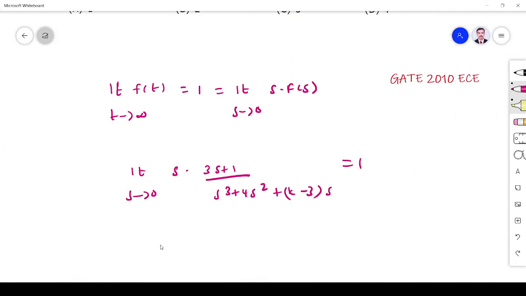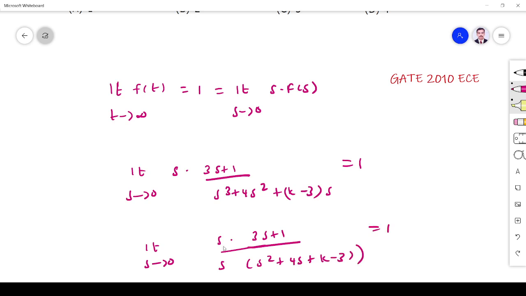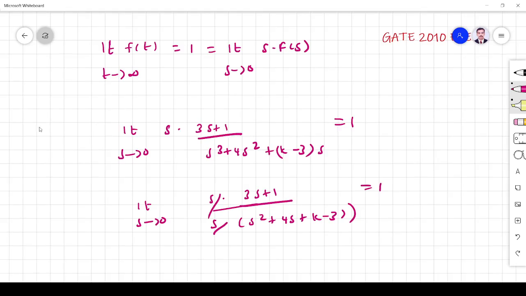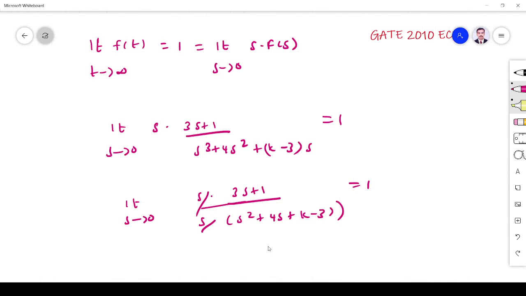So limit s tends to 0, what we are going to do, we will take s outside: s into (3s plus 1) by s(s squared plus 4s plus k minus 3) equal to 1. When I substitute s equal to 0, it is 1 divided by (k minus 3) equal to 1. So k is equal to 4.